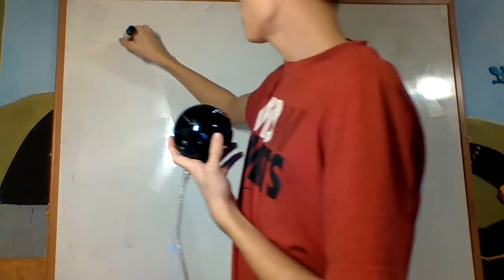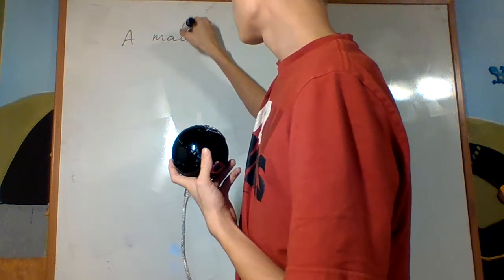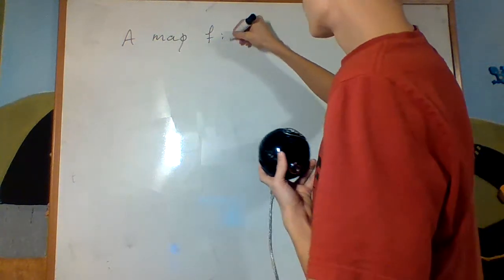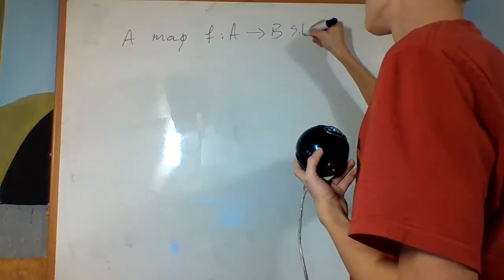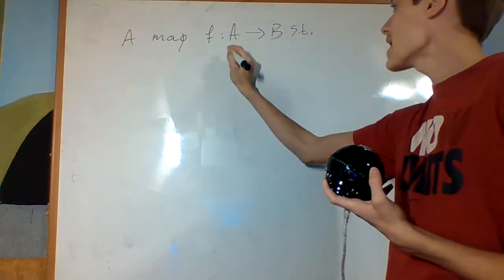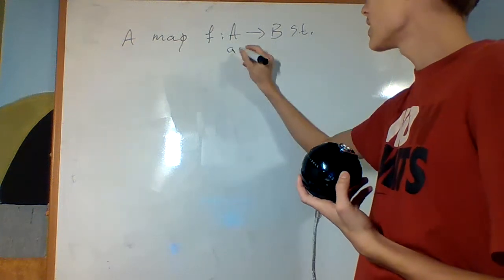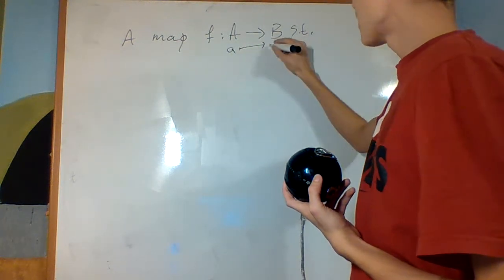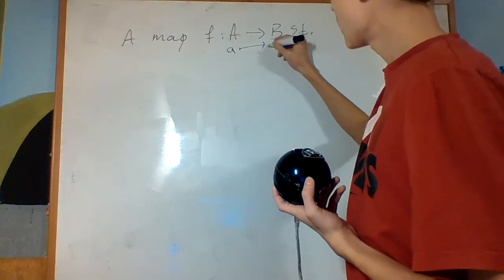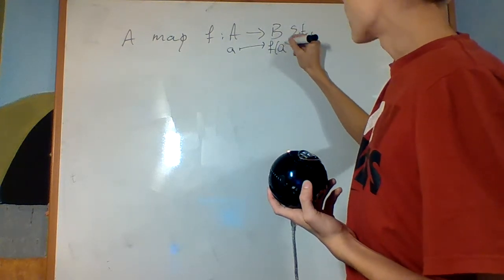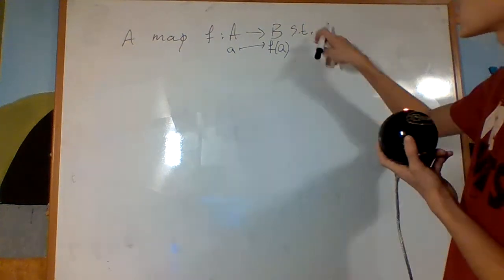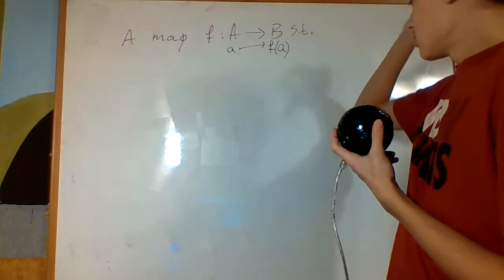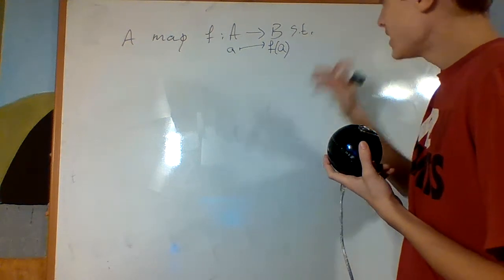So what did we do? We created a map F that brought you from one set into the other set. It takes in an element of this set, and it outputs an element of this set, usually denoted F of A. Looks like F times A, but it's F of A. Such that, what do we need?